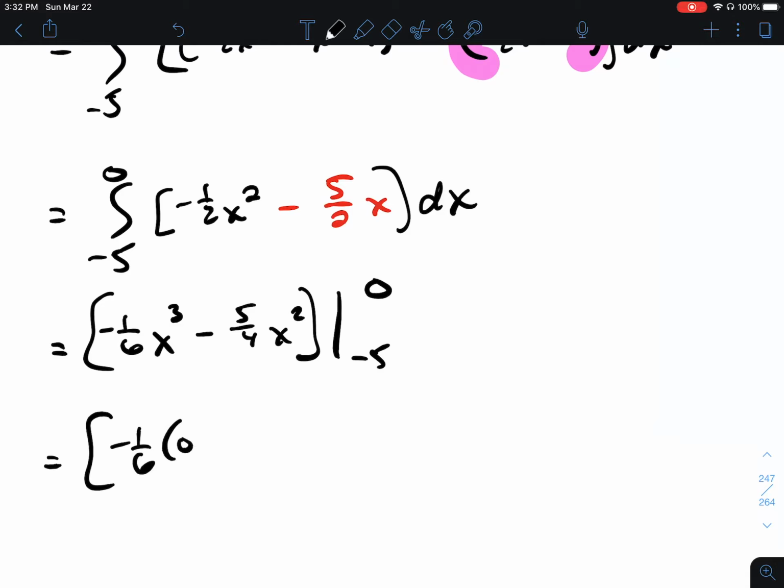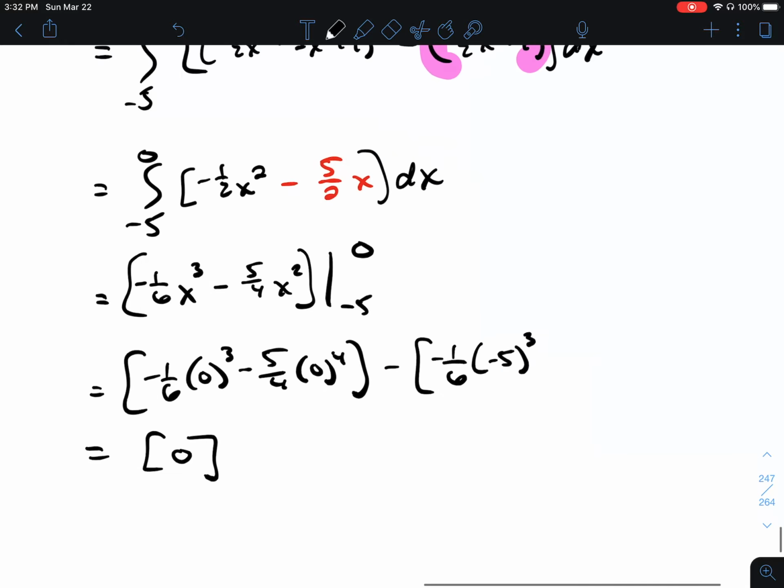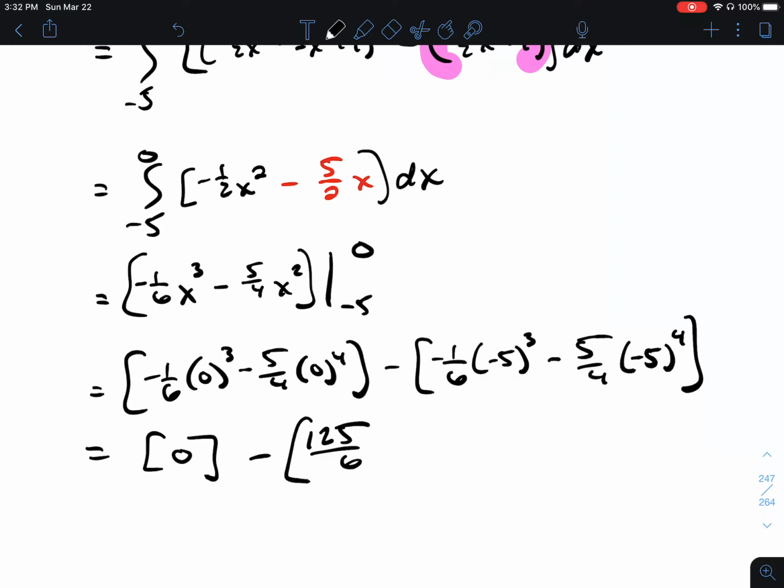When you evaluate it at 0, that works out nicely because you're going to get 0. When you evaluate it at -5, if you're not super stoked about calculations, sorry about your luck, kid. -5 cubed is -125 times -1 is positive 125 over 6.